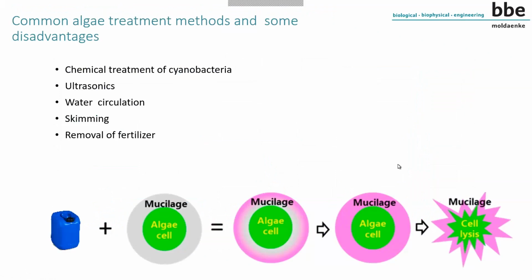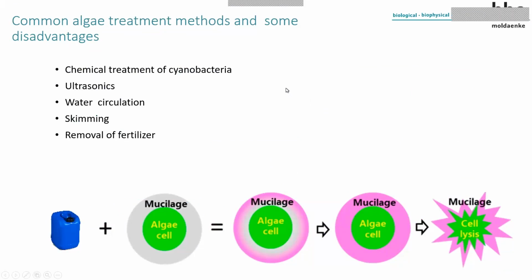People know about these threats, and of course there are several methods to deal with the problems that they have inside of the water. One way to deal with it is to use chemical treatment inside of the water.